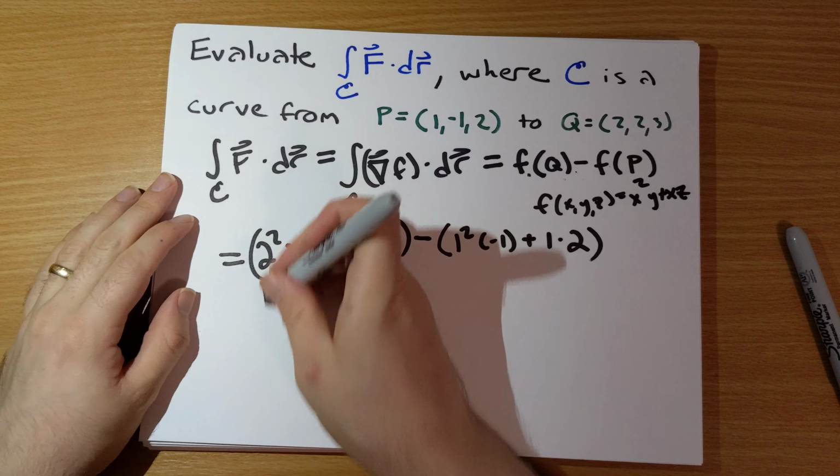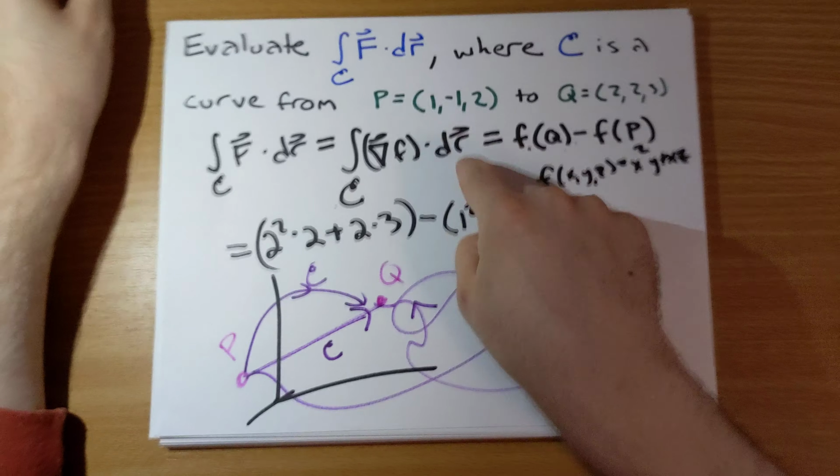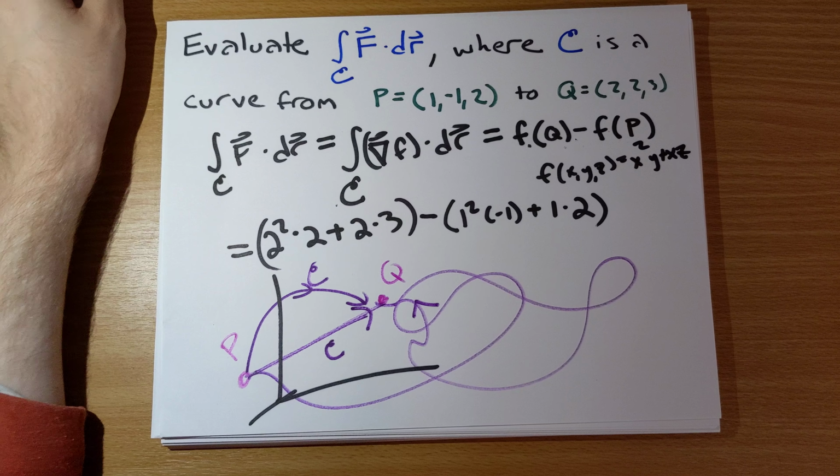Let's say here is P and here is Q. I didn't tell you whether C is a straight line segment from P to Q, or curved like this or like this. For any curve between P and Q, this is going to be our answer right here.